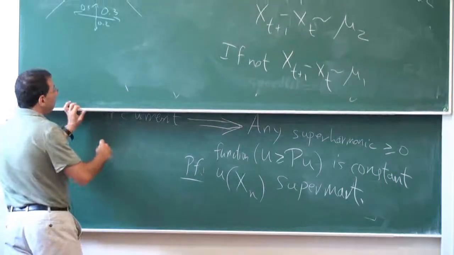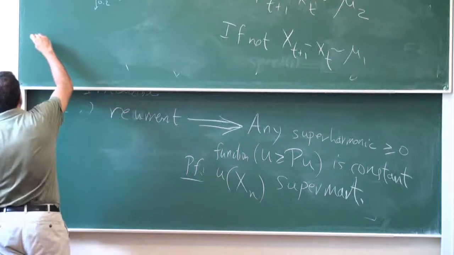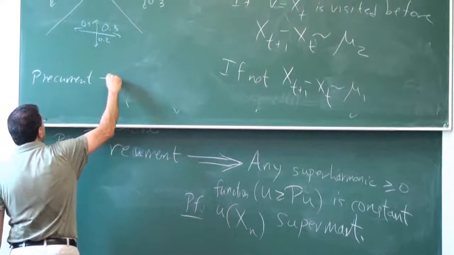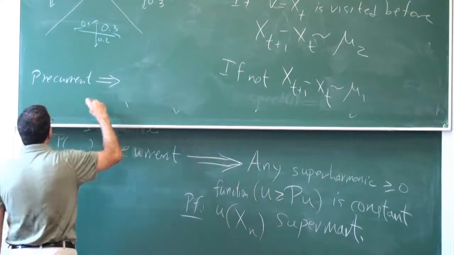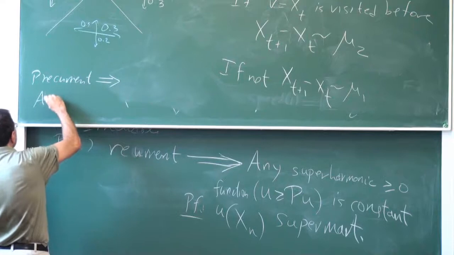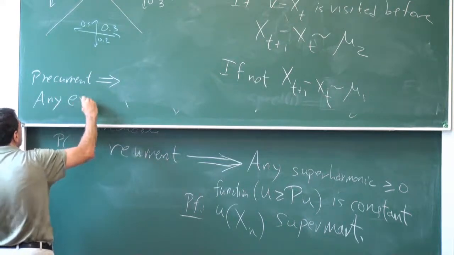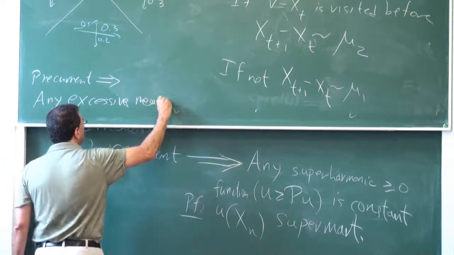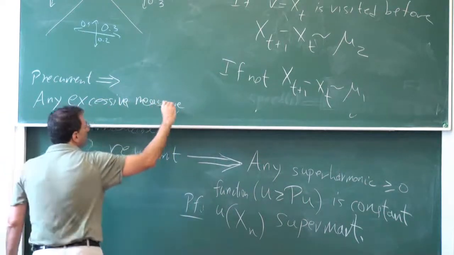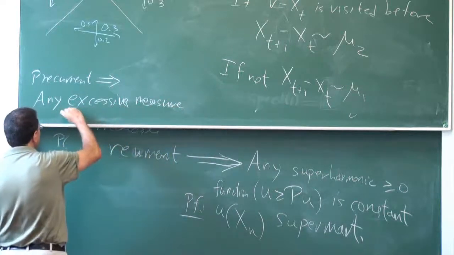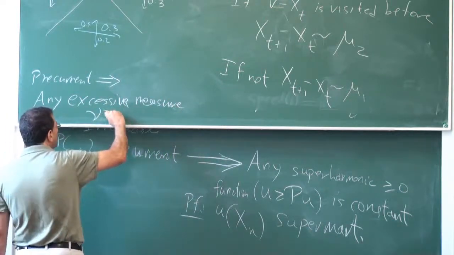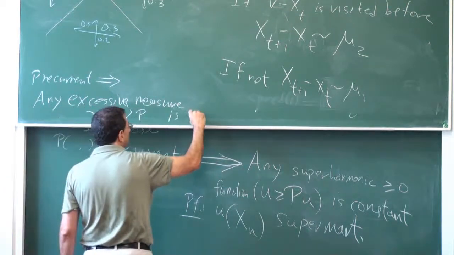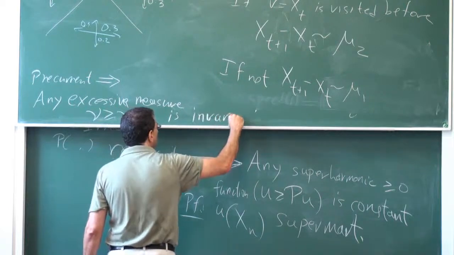So the other criterion we need is that P is recurrent, again if and only if, but I just need this direction, any excessive measure, so by excessive measure I mean that nu is bigger than nu times P, is invariant.